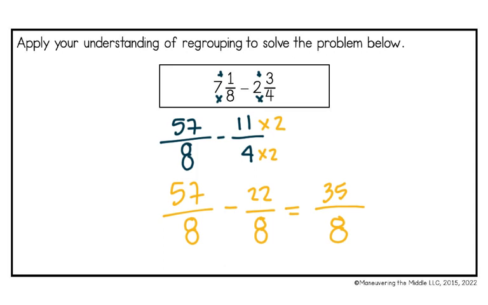And I know that 8 times 4 is 32. So I know that it can go in 4 times. And then 35 minus 32 is 3. So my answer is 4 3/8.